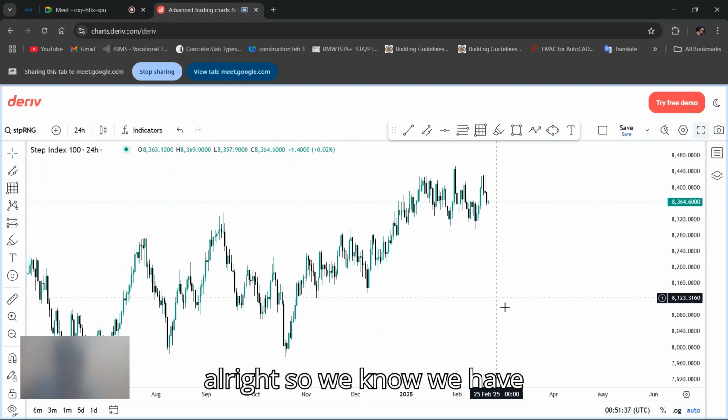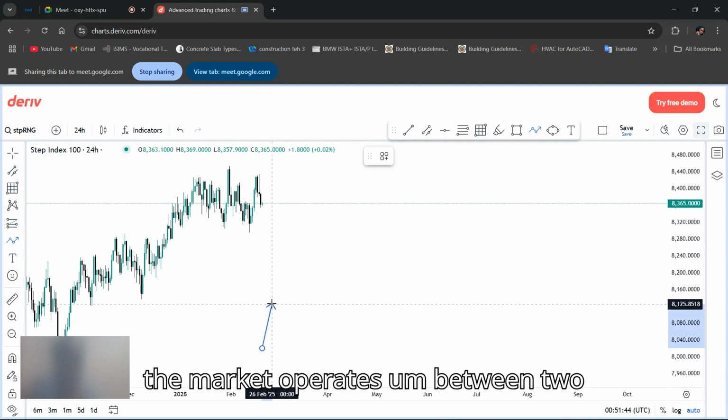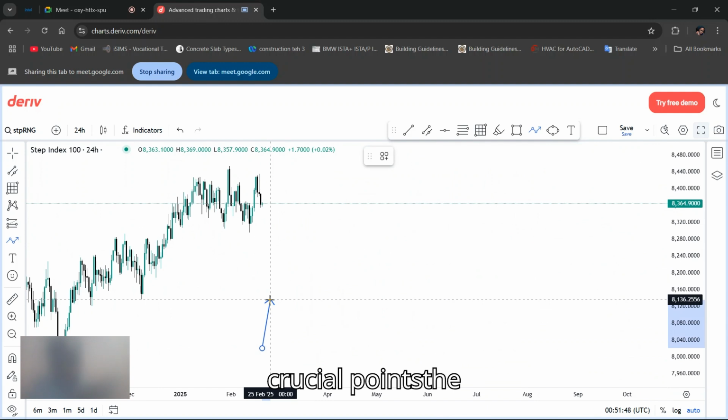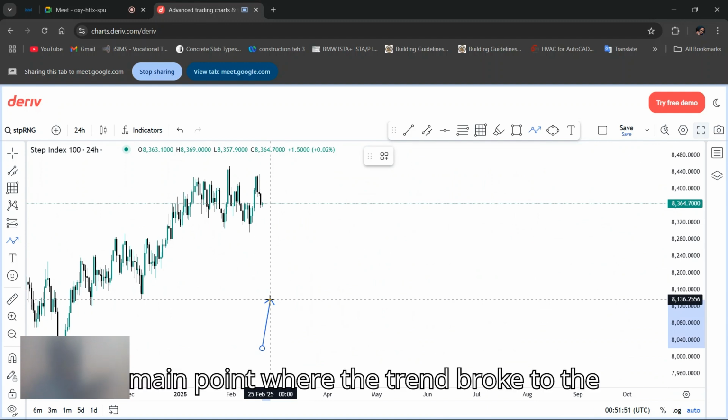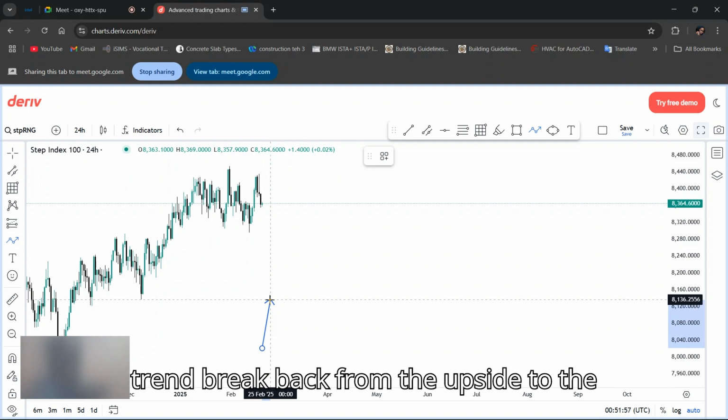Alright, so we know we have uptrends and downtrends, but a crucial factor that we are not looking at is that the market operates between two crucial points. The main point where the trend broke to the upside, and also the main point where the trend broke back from the upside to the downside.